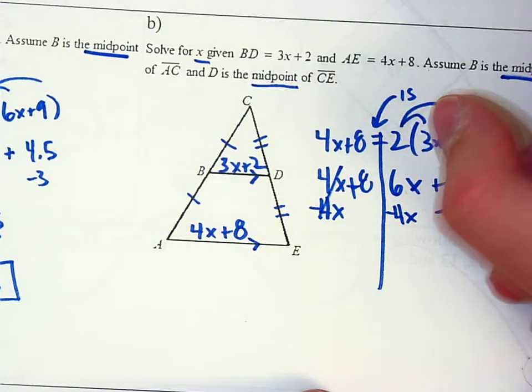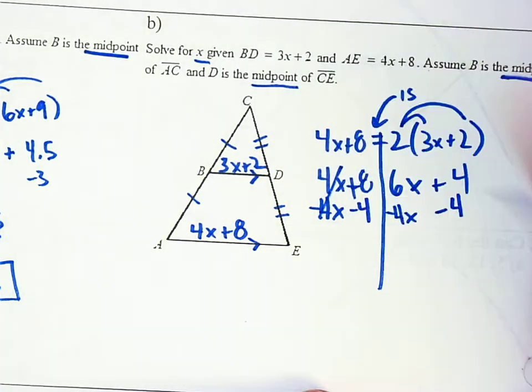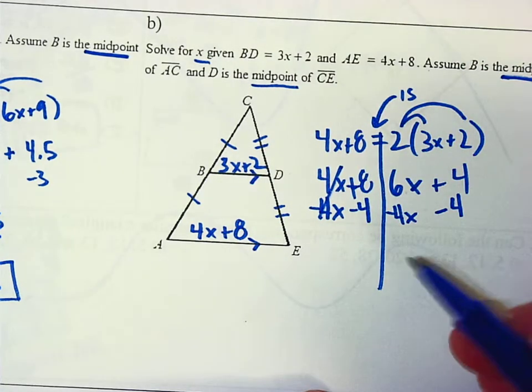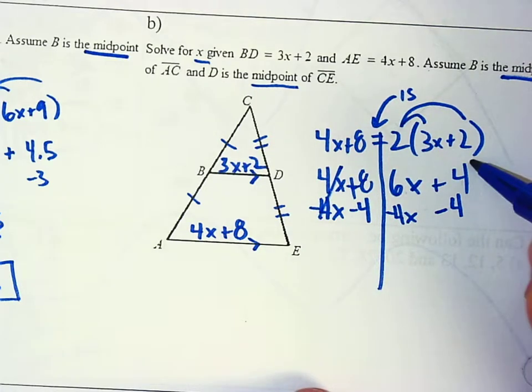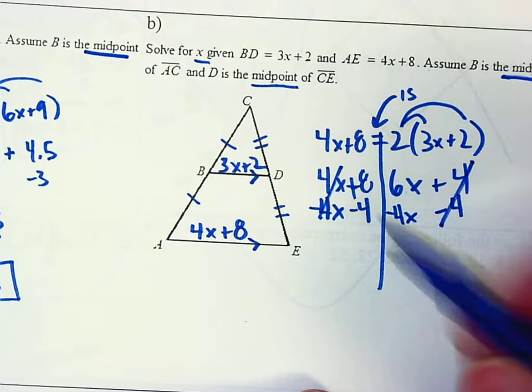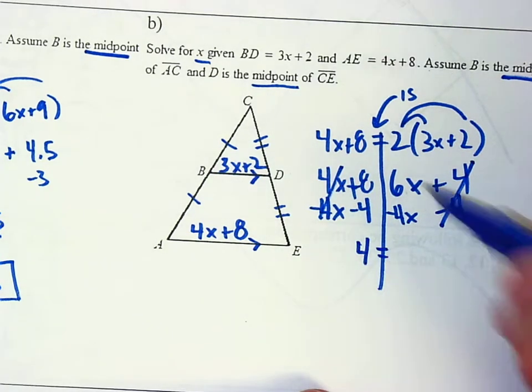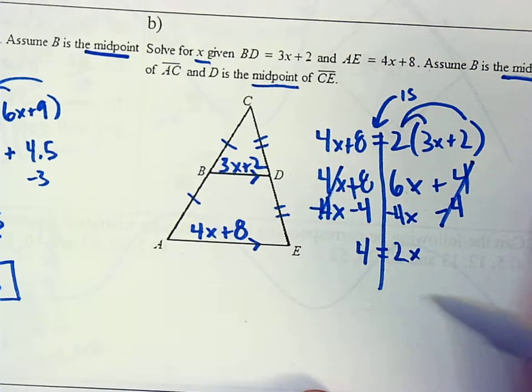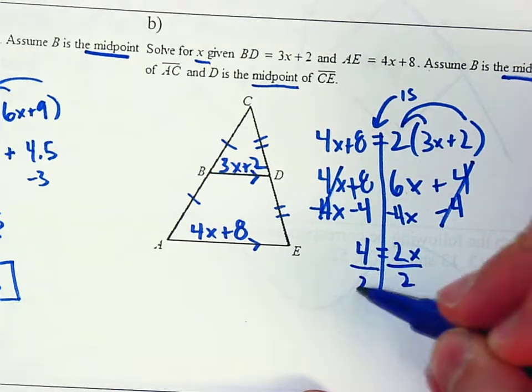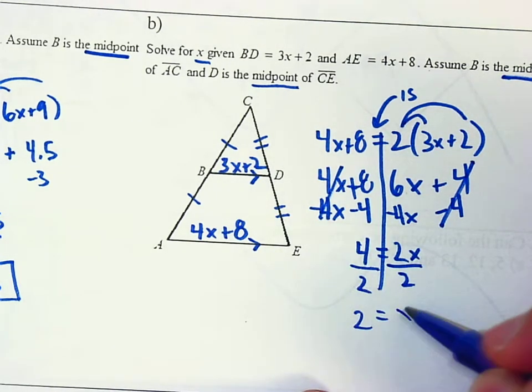That means I need to subtract 4 from both sides in order to isolate the variable, keep the variable alone on one side. The 4's cancel. 8 minus 4 is 4, and 6 minus 4 is 2x. And as you can see, x is going to equal 2.